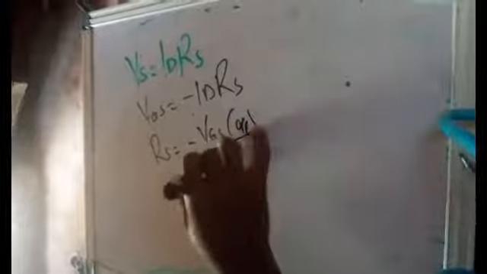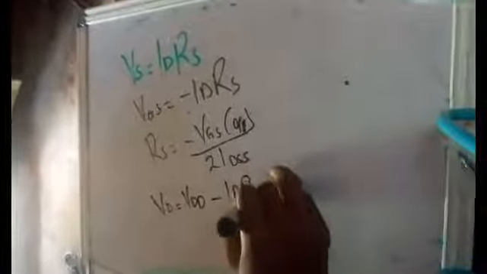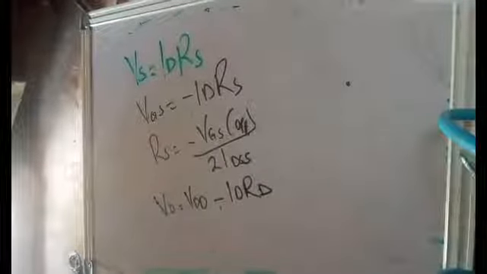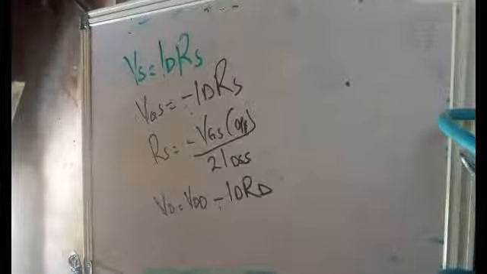The first one is VS equals ID RS, VGS equals minus ID RS, and our RS is equal to minus VGS off voltage over 2 IDSS, and our VD, which is the voltage of the drain, is equal to VDD minus ID RD. We mostly use these formulas when calculating problems involving MOSFET or even JFET systems or circuits.